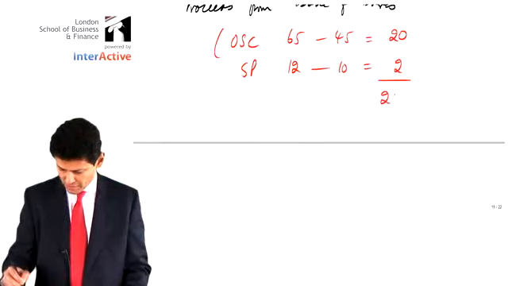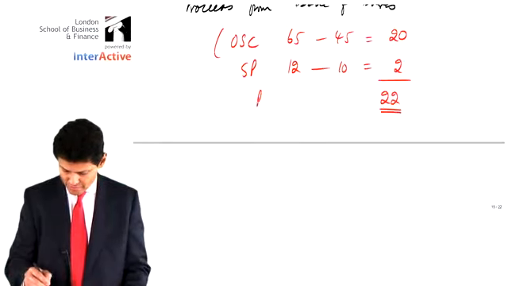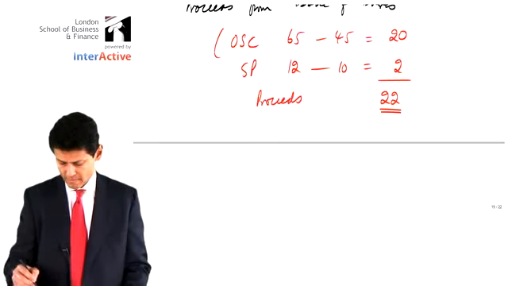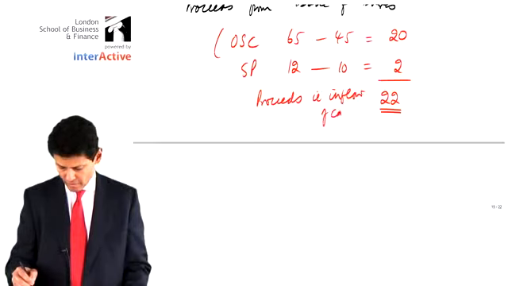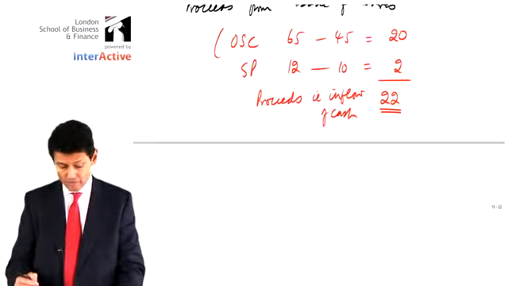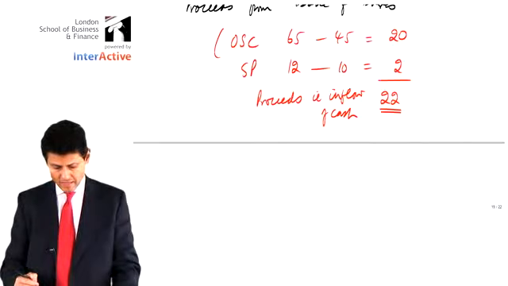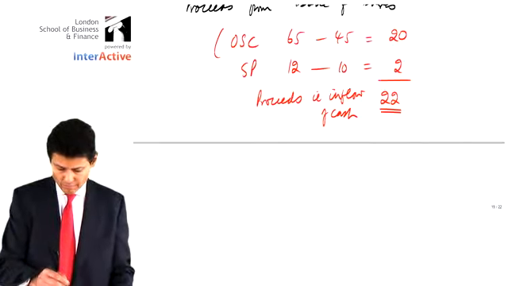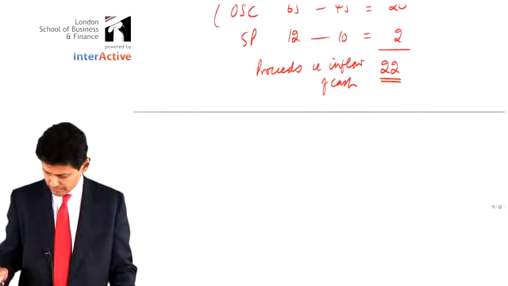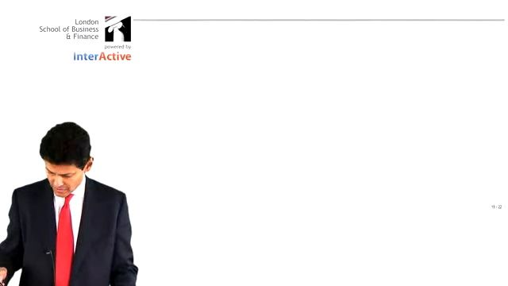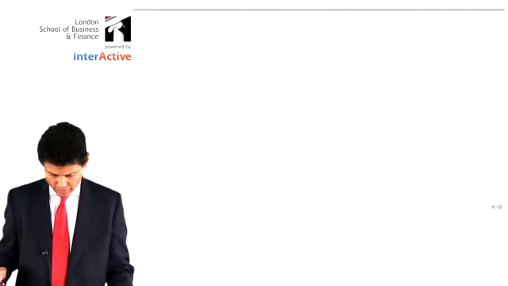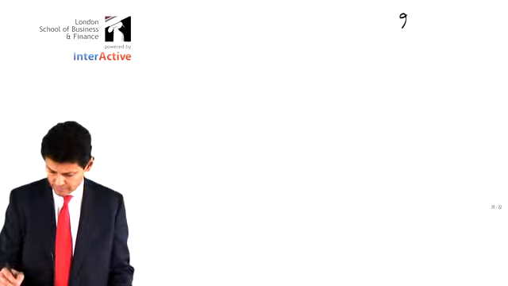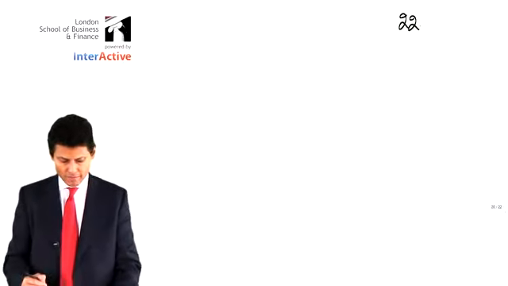So if you add that up, that's 22. That represents proceeds, i.e. inflow of cash of 22. Okay, so that 22 I would like to show on the right. Please ignore that line. So that 22 I'll show a little bit to the right if possible, not quite to the far right.